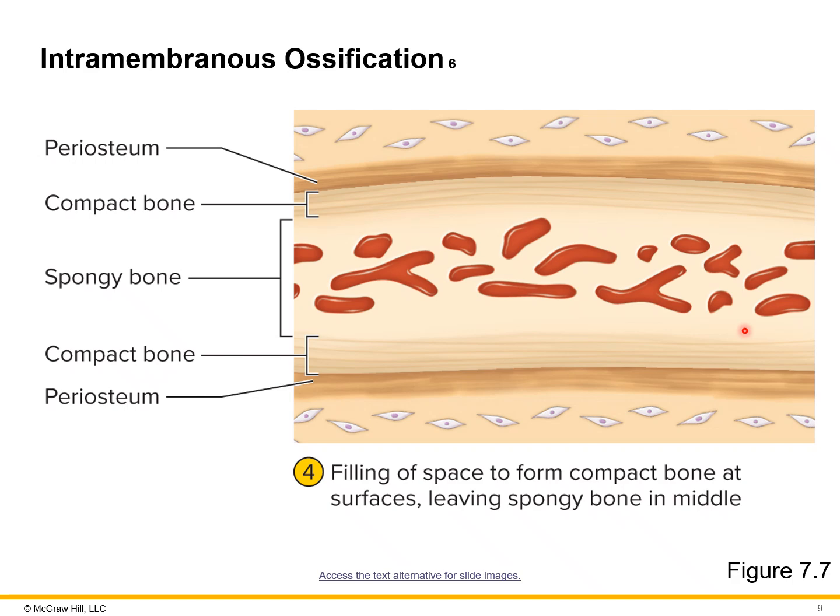This process gives rise to that sandwich-like structure typical of a flat cranial bone. And so we're going to have this layer of compact bone, then spongy bone, and more compact bone. So the spongy bone will keep those trabeculae, while the compact bone will be replaced by those osteons.